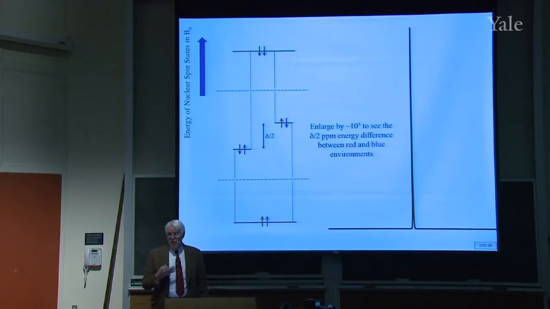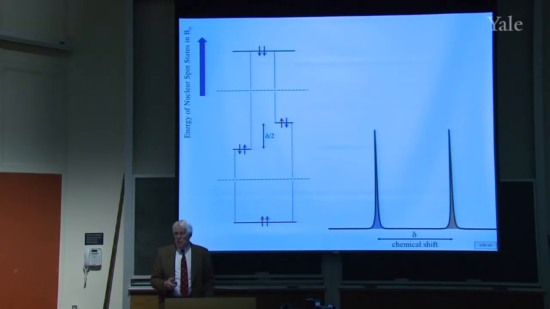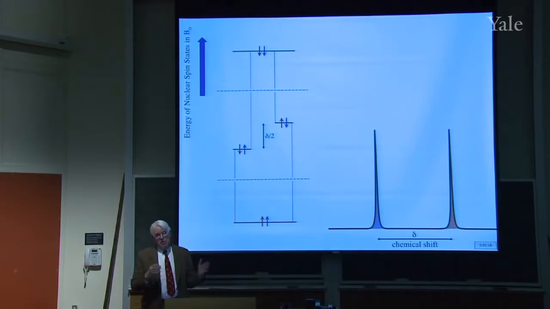The blue proton is in a higher field because of the chemical shift difference. And if we call that difference delta over 2, that made the red lines shorter by delta over 2, and the blue lines longer by delta over 2. So now we're going to see a chemical shift of delta. One is smaller by delta over 2, the other larger by delta over 2. The difference is delta, the chemical shift.